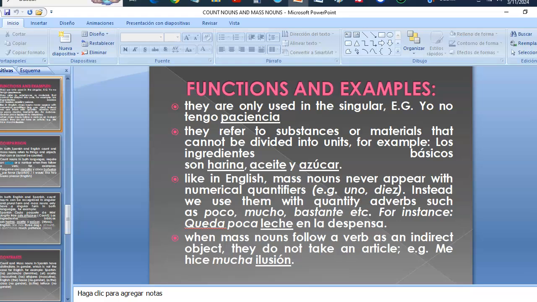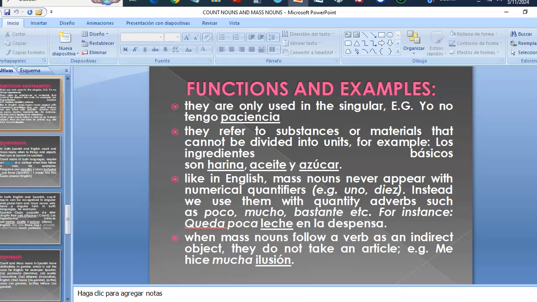In the same vein as English, this type of nouns are not accompanied by numerical quantifiers like uno or 10. Instead, we use them alongside adverbs of quantity like poco, mucho, bastante, etc. in order to quantify these types of nouns. And here you have another example. Queda poca leche en la despensa.